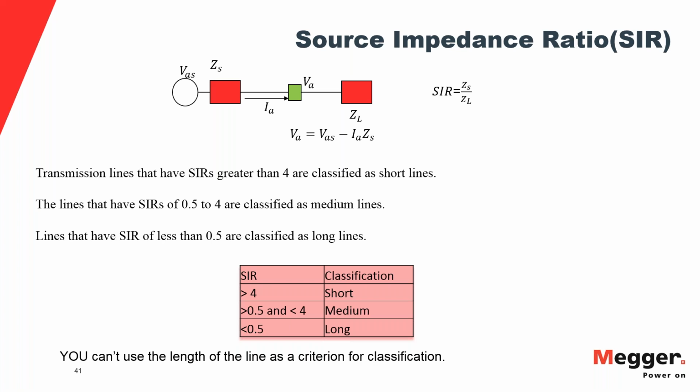So you can make a guess of the source impedance ratio, use that as a constant value, and then test the dynamic characteristics. It's very crucial to have knowledge of the source impedance ratio when you want to test the dynamic Mho.